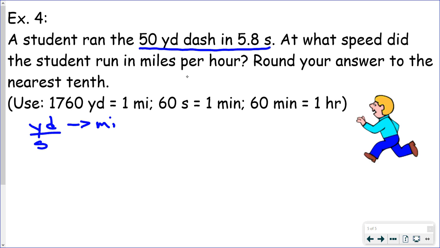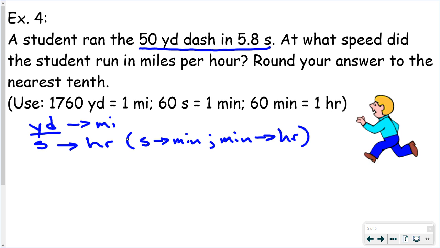The seconds need to go into hours. And I don't have a conversion factor from seconds to hours. So what I'm going to do is seconds to minutes, and then minutes to hours. That's why I need 3 conversions.